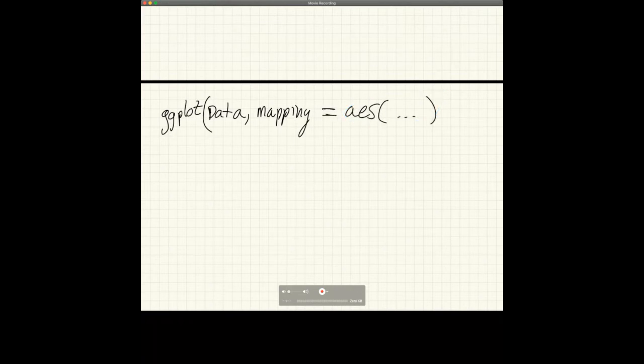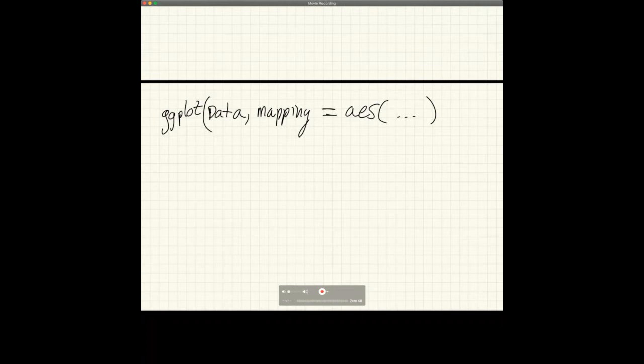So the mapping connects the data to a scale. And that's what the aes component does. It's some way to specify that parts of my data are going to connect to parts of my plot. Okay?